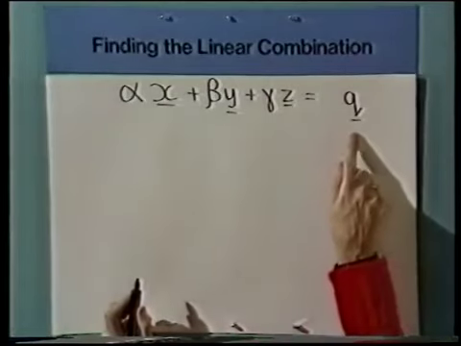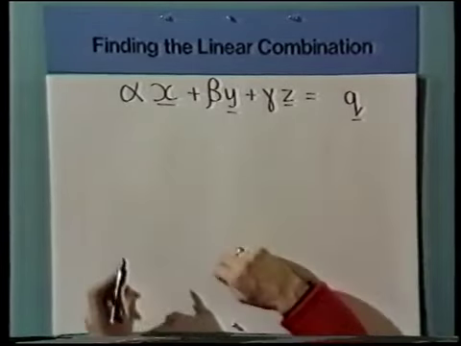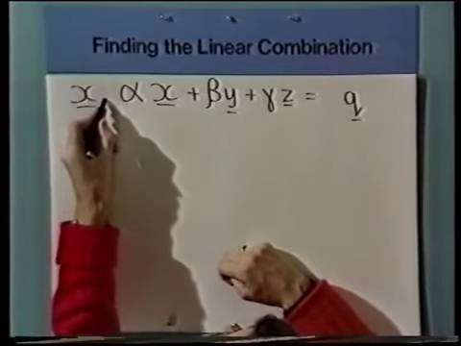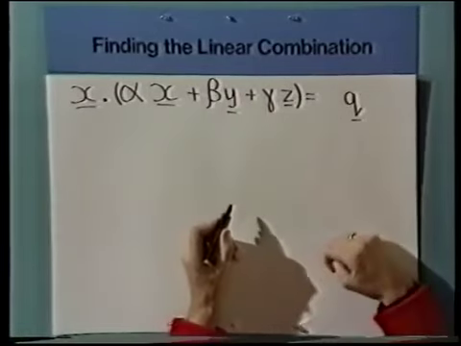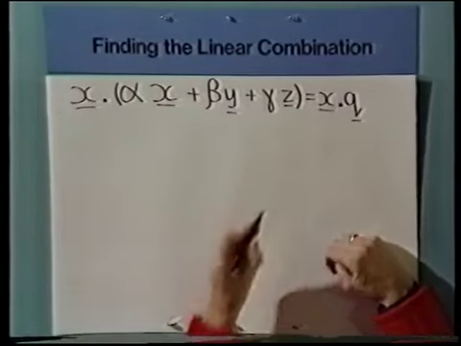So I want to find the linear combination of x, y, and z that gives me the vector q. It's the problem I did earlier in the program, except that this time I want to solve it using orthogonality. Well, I've got the equation written up here, and the first thing I want to do is to dot this equation with the vector x. I take x dot the left-hand side, and that's equal to x dot q.